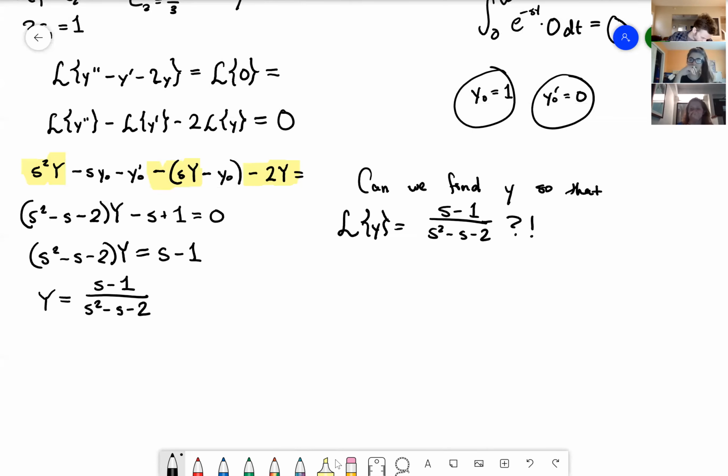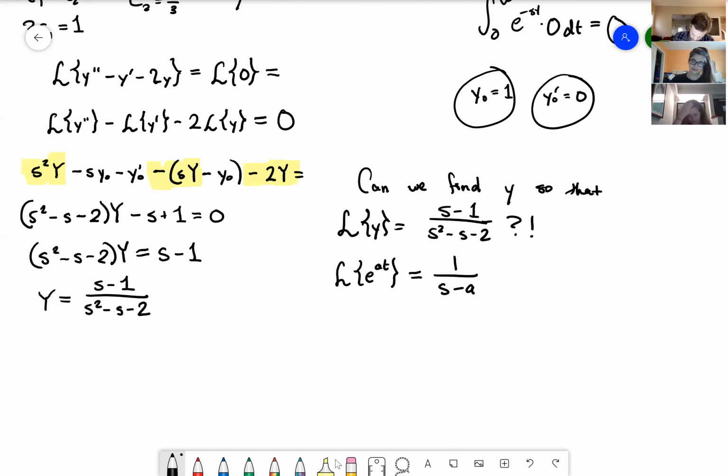Well, if we remember from yesterday, we had the Laplace transform of e to the at, and this was equal to 1 over s minus a. That was very nice. That kind of looks like a fraction like this thing.